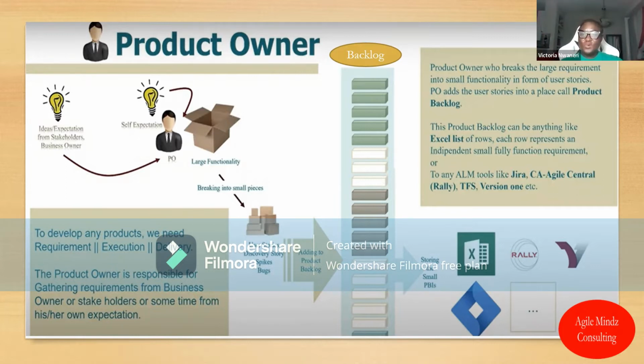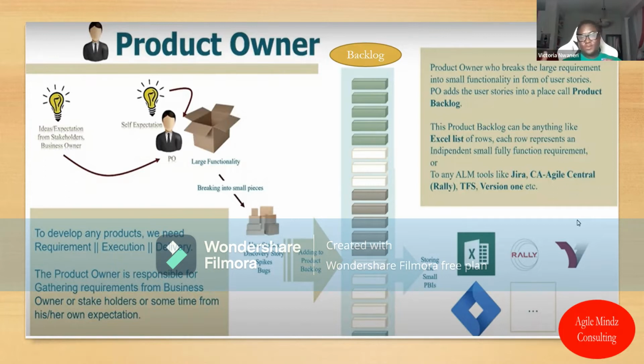So let's do a little breakdown of some of these roles and responsibilities of the PO. As we can see, it says that the product owner is responsible to develop those requirements in the backlog. They're also responsible for gathering requirements from business owners, and sometimes business owners can be identified as stakeholders or sponsors, right?